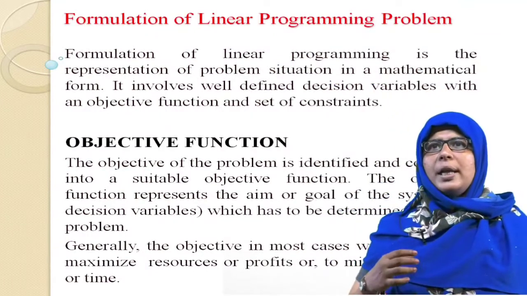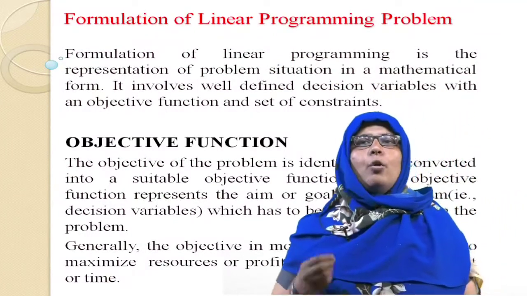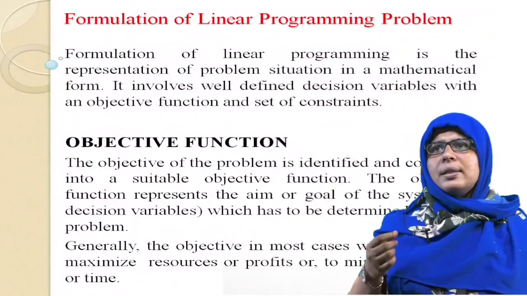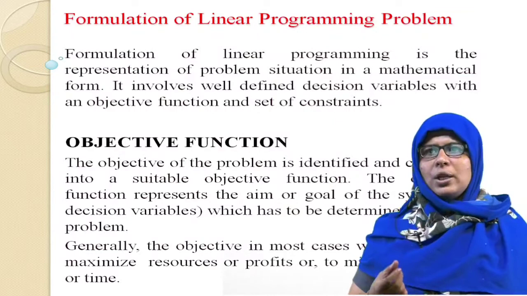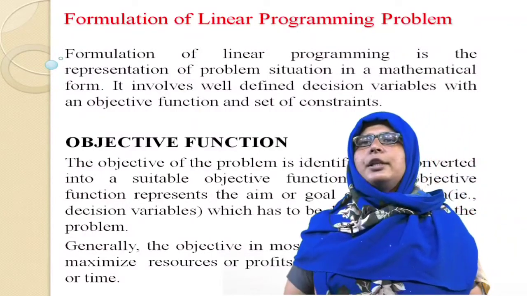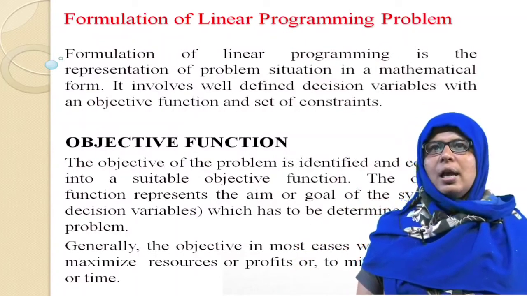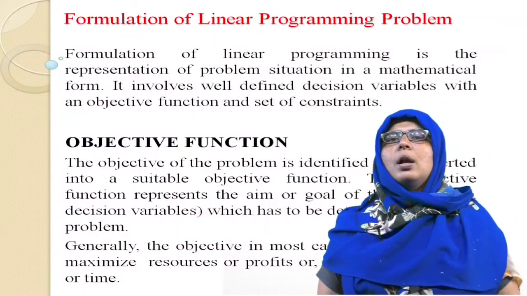Formulation, how to formulate the linear programming problem. Formulation of linear programming is the representation of problem situations in a mathematical form. It involves well-defined decision variables with an objective function and a set of constraints.